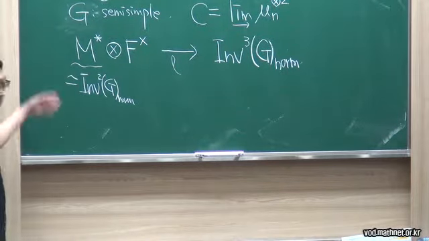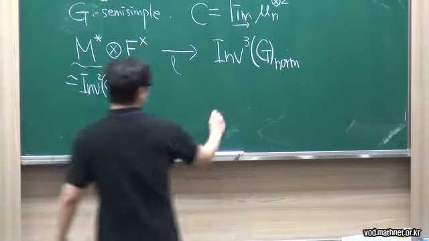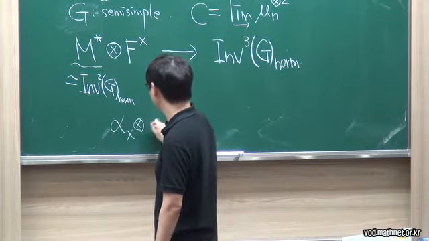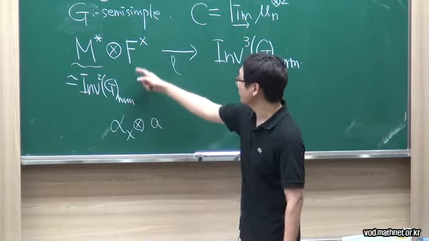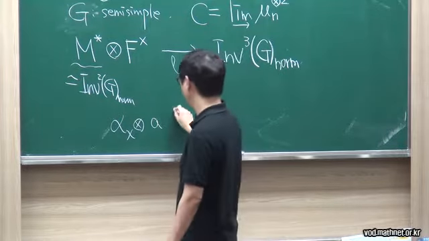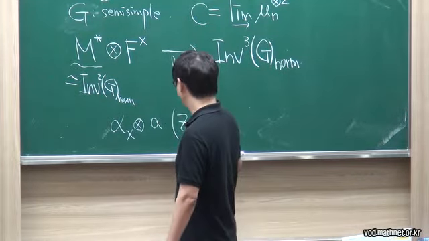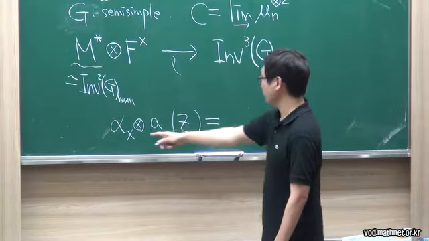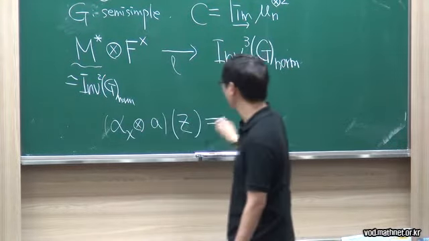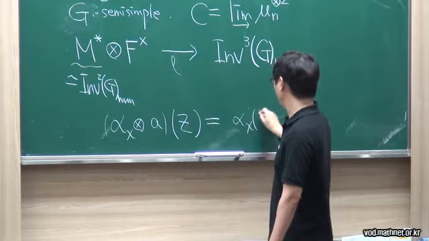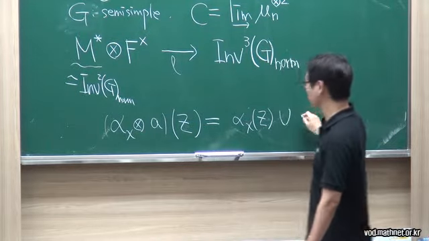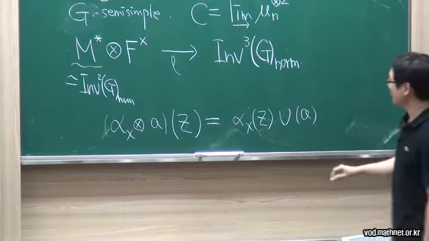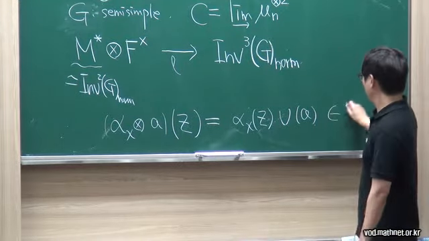By taking coproduct, so we have alpha chi and some element A in F, and the image of this invariance is given by C and coproduct of A. So this is in page 3.